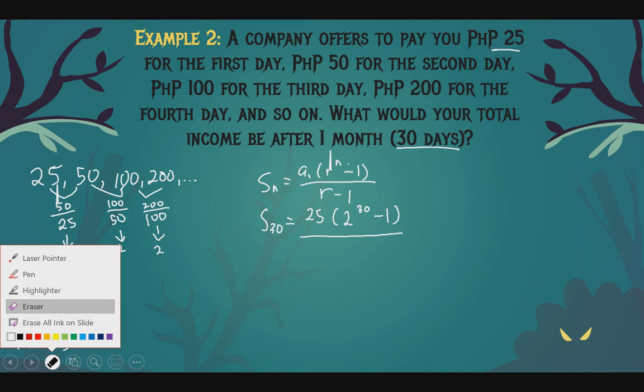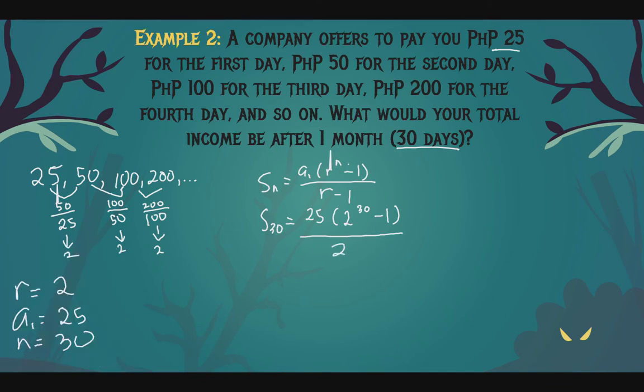So, magiging 25 times, ito po ang una natin evaluate, yung ating 2 raised to 30. And what is 2 raised to 30? Okay, 2 raised to 30 is 1,073,741,824 minus 1 over 2 minus 1, which is equal to 1.